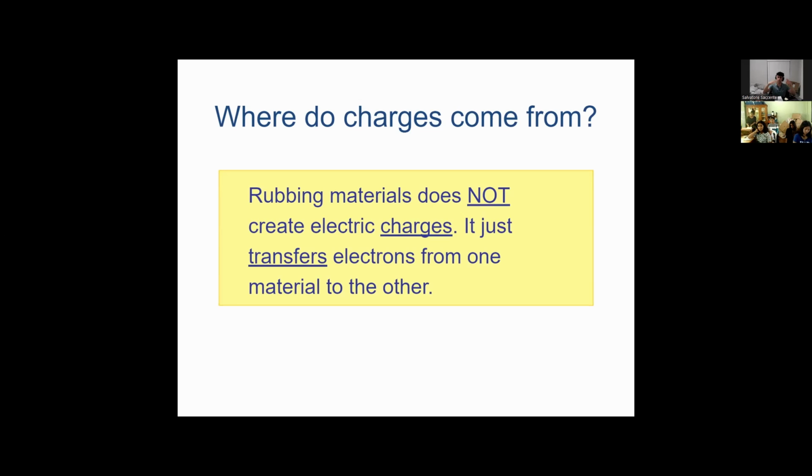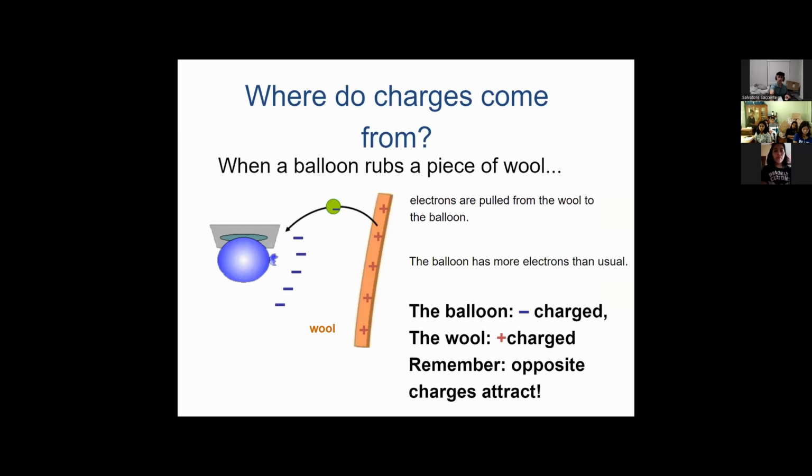The positively charged stay on the person or the object. So when friction happens, the charges are not created. They don't magically appear, but they're transferred. So the electrons go from one person to the other, or one material to the other. Just keep that in mind when we're talking about static electricity.